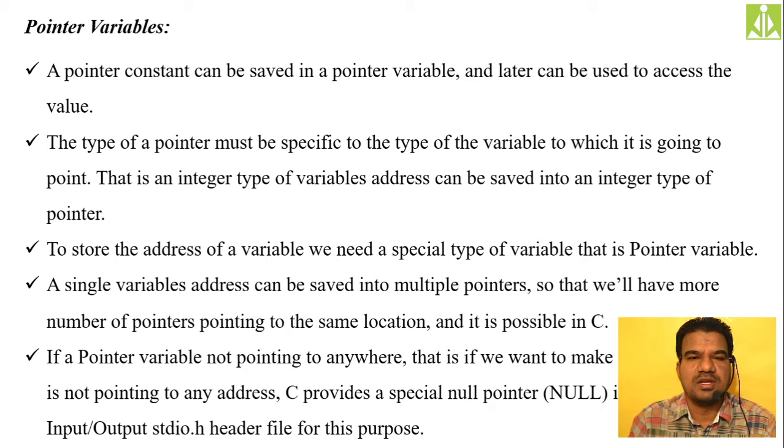So suppose if you have an integer variable, you need to declare an integer pointer. If you have a character variable to store the address, you need to declare a character pointer. Likewise we said. So yes, a single variable's address we can store in multiple pointers. Okay, so if you have a single variable, that variable address you can store in multiple pointers.